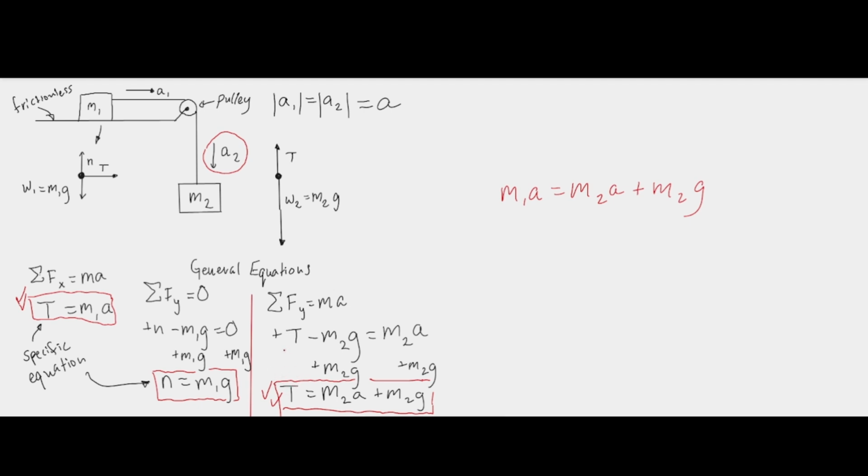They have this shared force T from the rope between them. The tension is the same all throughout this rope. So wherever you would look in this rope, it's going to have the same amount of tension. That's how we found this coupled equation over here, where we can combine the specific equations for both objects, and then that can help us solve problems.